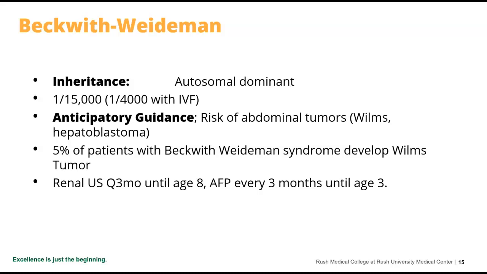For whatever reason, and we don't understand it yet, methylation defects seem to be more common in babies conceived by in vitro fertilization. In addition to the risk of birth defects such as the macroglossia and the omphalocele, they're at risk because of this abnormal growth of abdominal tumors, including Wilms tumor and hepatoblastoma.